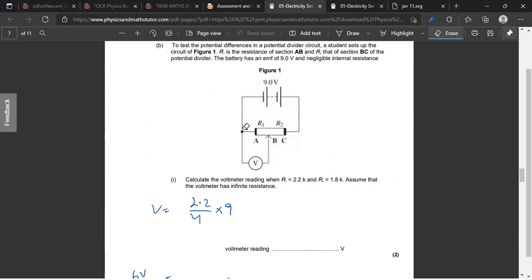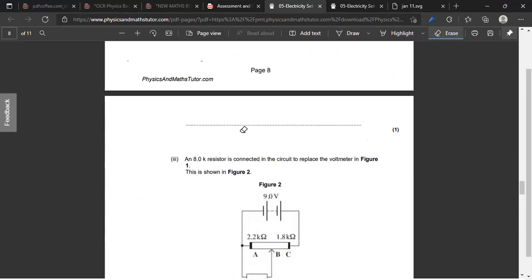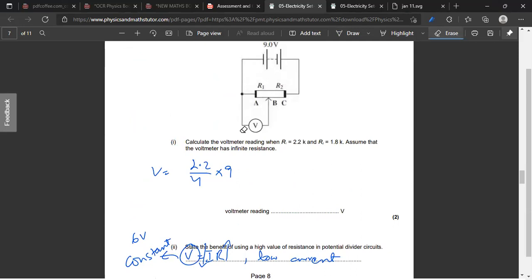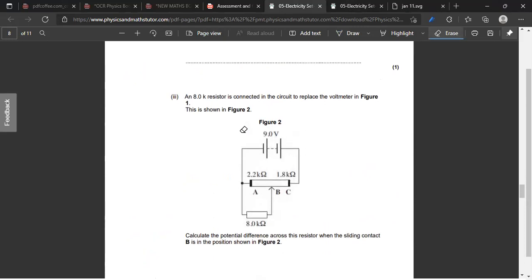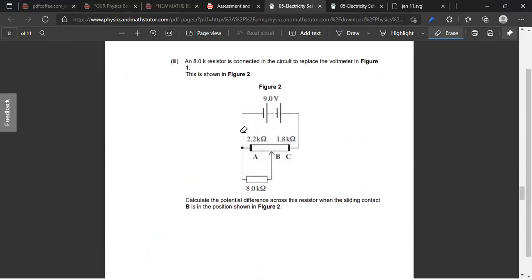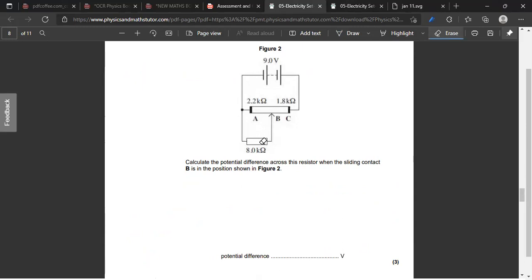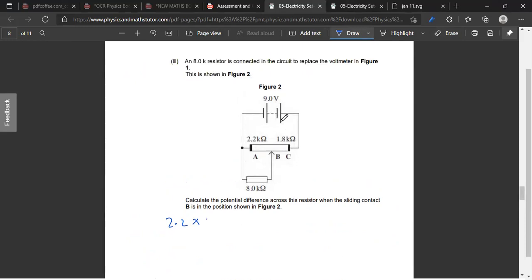This was also 2.2 and 1.8. Shouldn't it be 2.2 times 9 divided by 4?